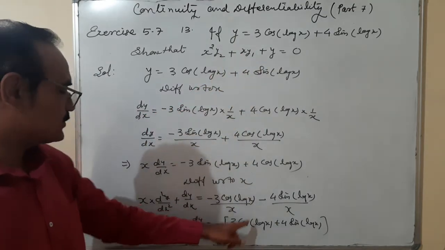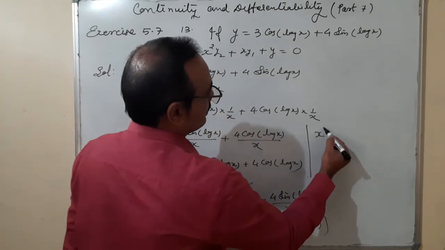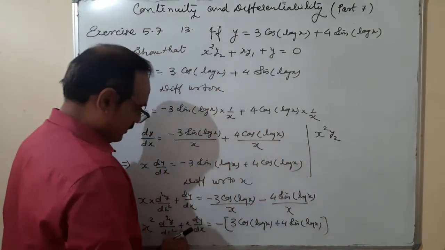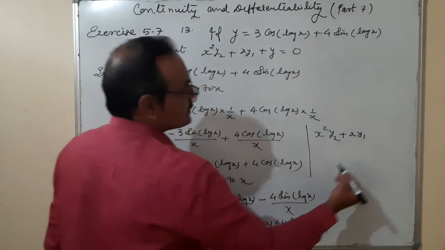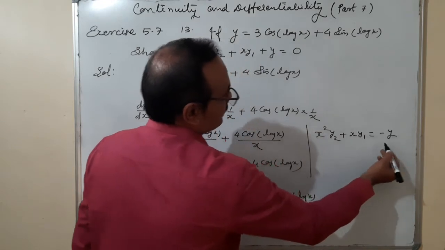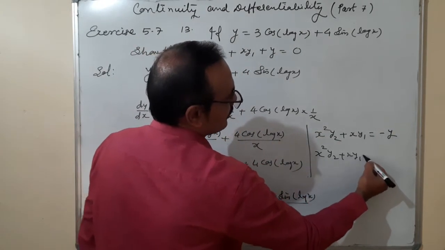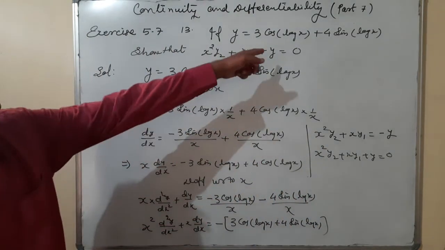So this value will be substituted by y. So x square d square y by dx square, that means y2, plus x dy by dx, that is y1, is equal to minus y. Y will be shifted here, plus y is equal to 0. Okay, it's proved.